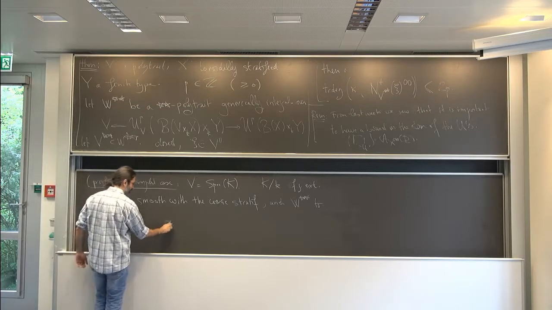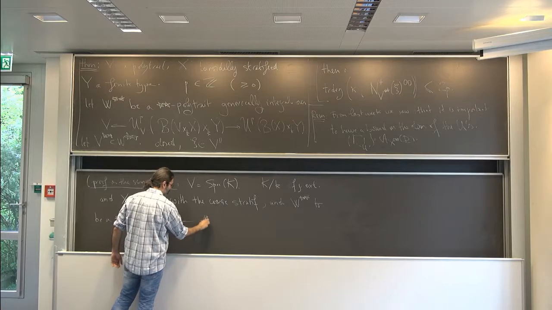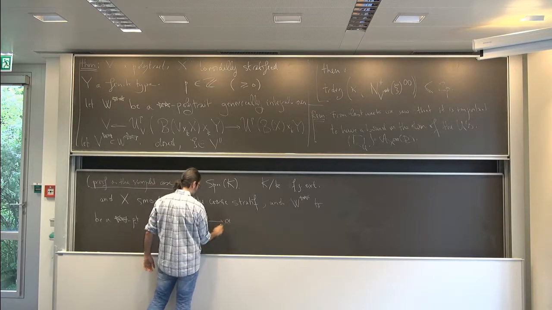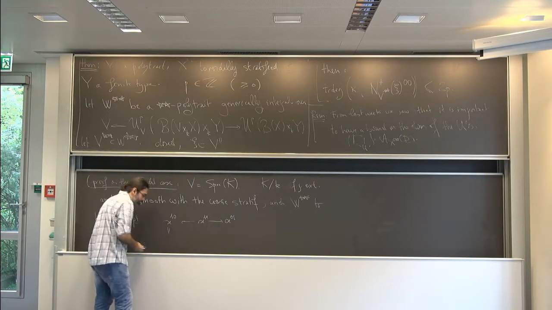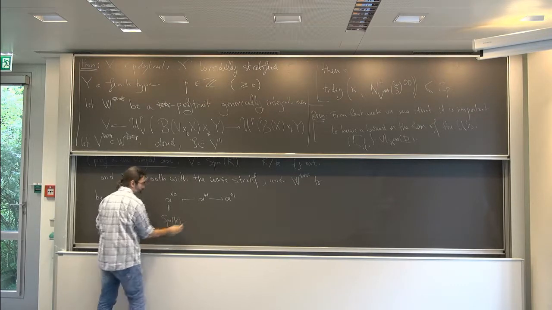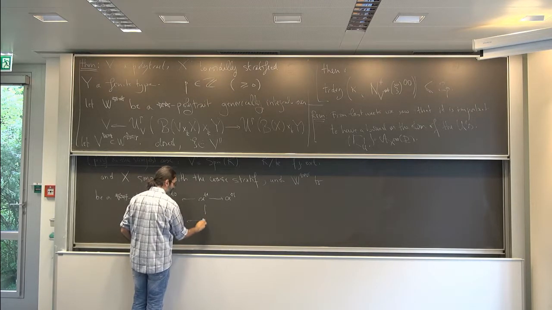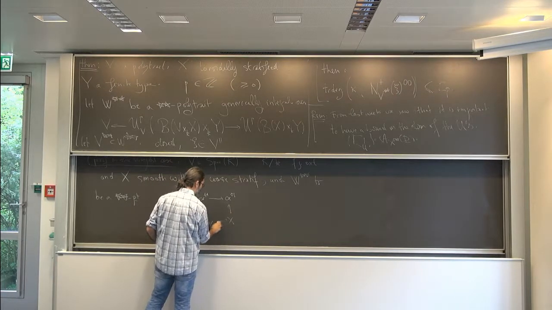Namely, something like x10, x11, x01. So this will be spec K. This will be a point in the extension of X to K, and this is a point of X.